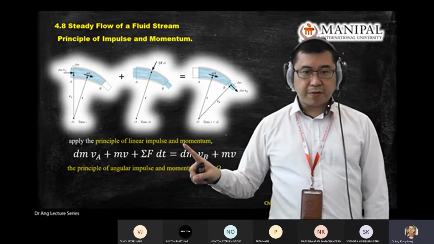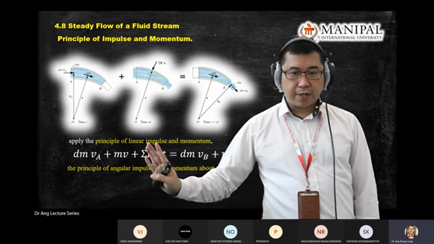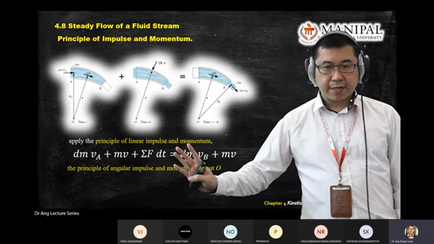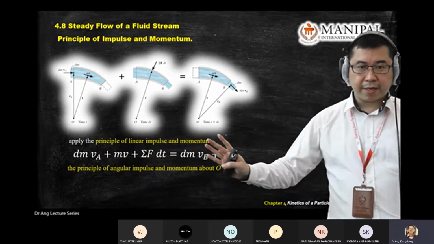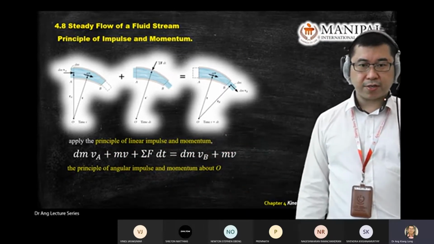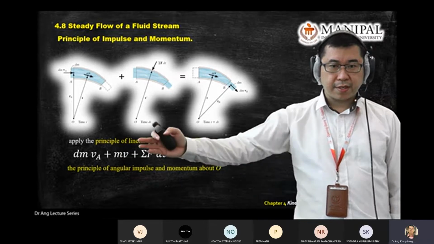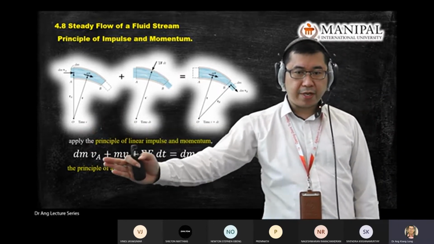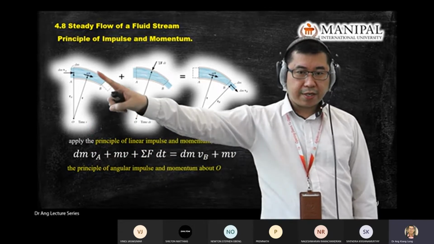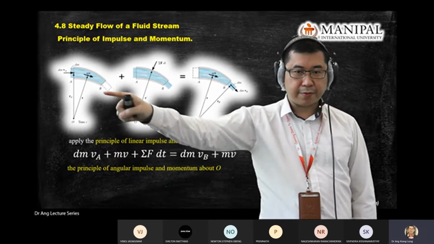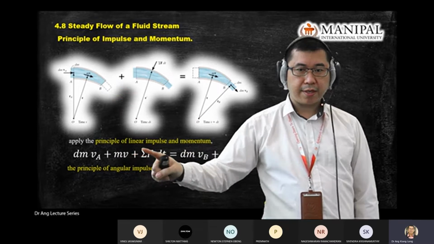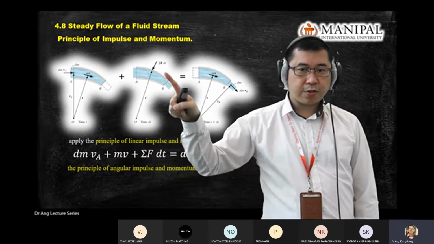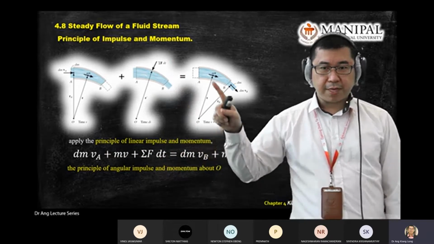Principle of linear impulse and momentum. All the momentum and impulse you put on the left-hand side equal all the momentum after the incidence. Before, you have momentum mv at point A and point B, and then the impulse F dt, plus the after.